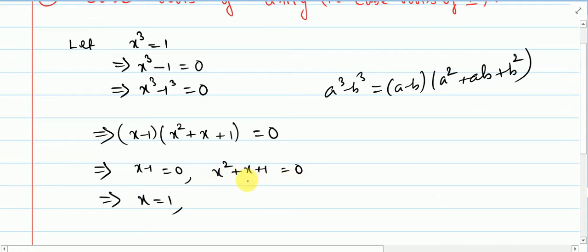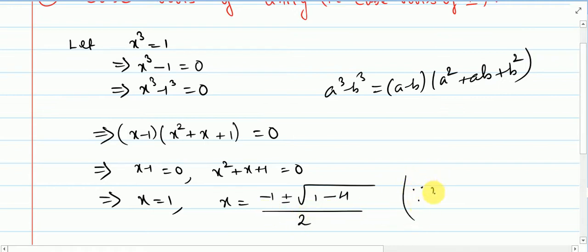But you can see that this is a quadratic equation. For a quadratic equation, you know the formula, x equal to minus b plus minus under root b square minus 4ac by 2a. So here your a is 1, b is 1, c is 1, so you write minus 1 plus minus under root 1 square minus 4, that means only 4 you are getting, upon 2a means only 2.